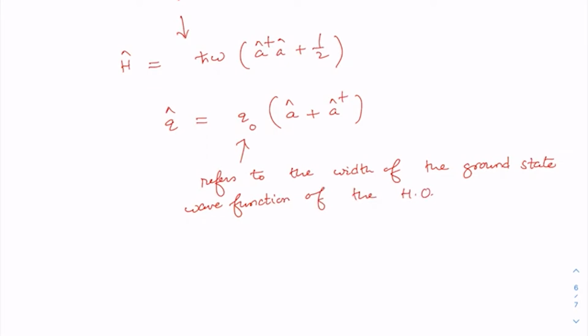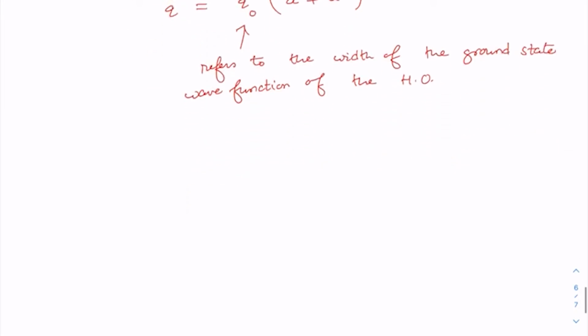What I mean by that is that, from your elementary quantum mechanics, you know the ground state wave function of the harmonic oscillator is Gaussian, and if you calculate the width of this Gaussian in the ground state, you are going to get q0.